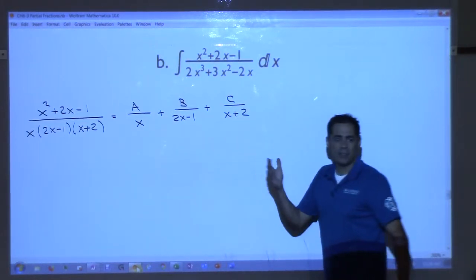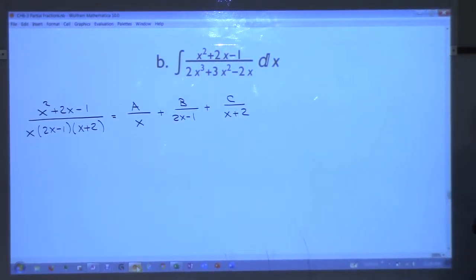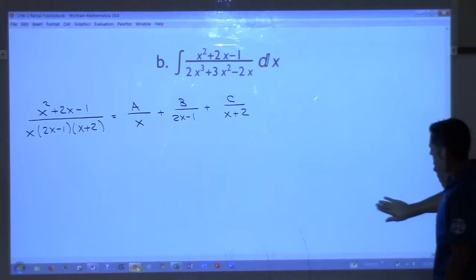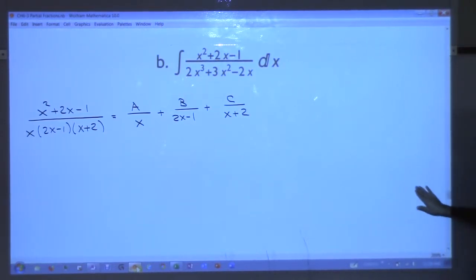And that method is what you did in pre-cal, hopefully, and that method is also what I talked about at the middle end of the class last time. So are we all comfortable with that? Okay, now we have to go figure out what A, B, and C are. So what was the next step? It's trying to figure out what A, B, and C are.